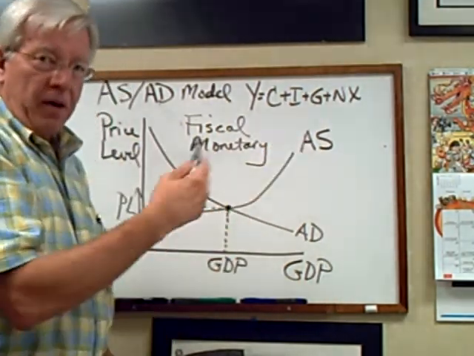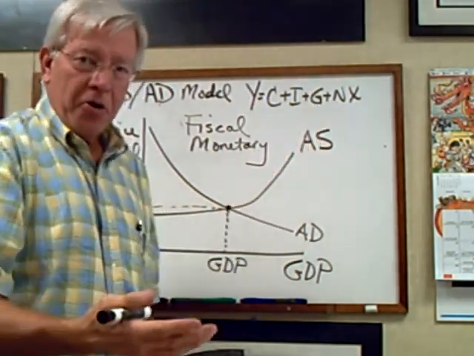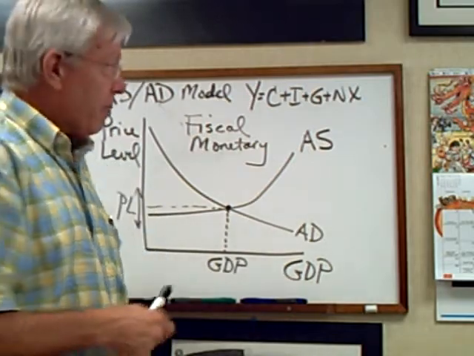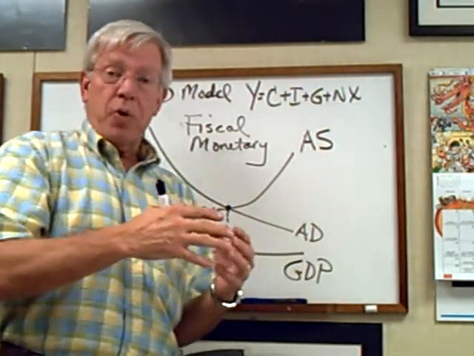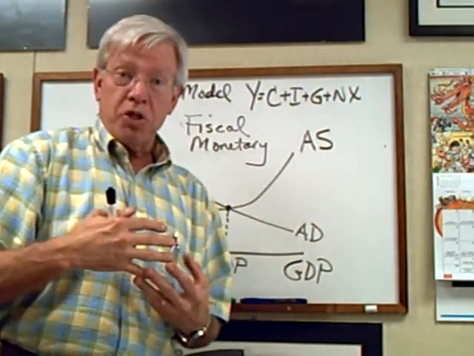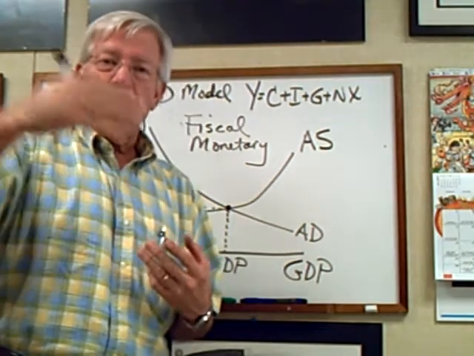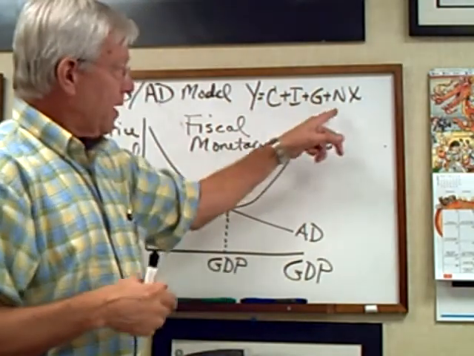Investment, which is about 18%. Government spending, another approximate 18%. I think your book may have some more recent numbers. And then net exports, which is simply the difference between money we receive for exporting goods to other countries minus the money we spend for goods that we import from other countries.